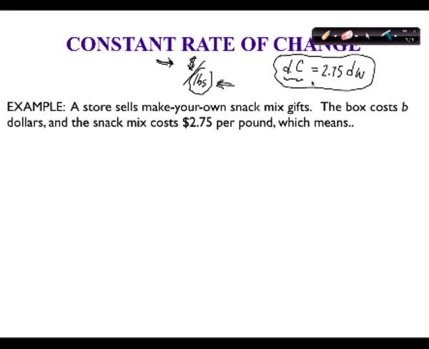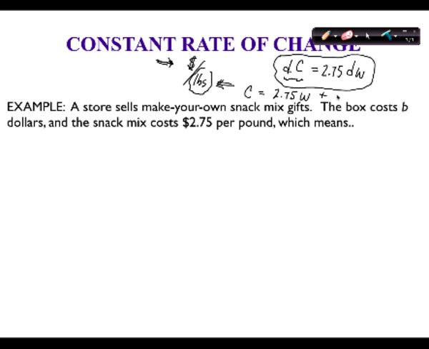Now, what has B in it? The cost, right? What is the cost? 2.75 times the change in weight, or times the final weight? Yeah, times all the weight, right?